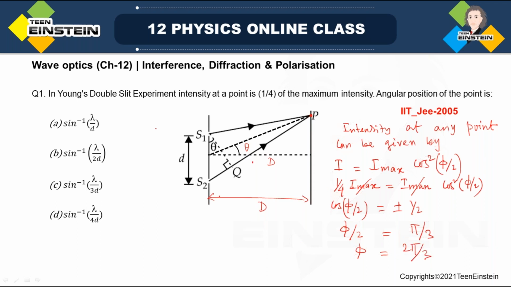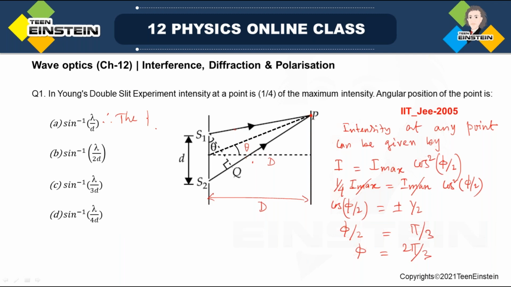What is this we got? This is the phase difference between the rays S1 and S2. So what we have got here is phi.